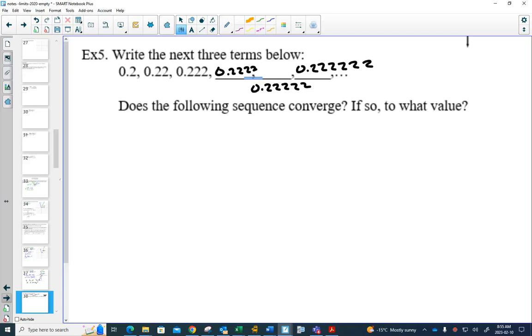So, what would be another way that you would write that? Because that's what it would keep getting closer to, or you just keep getting more and more 2's, right?